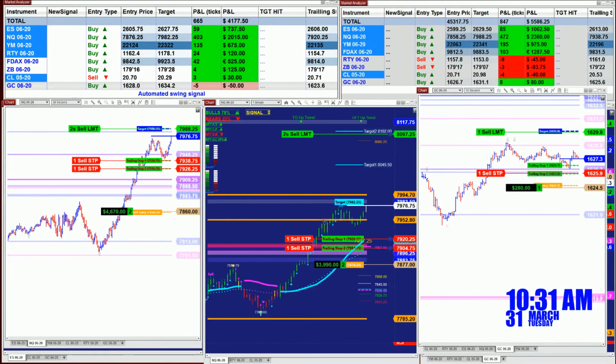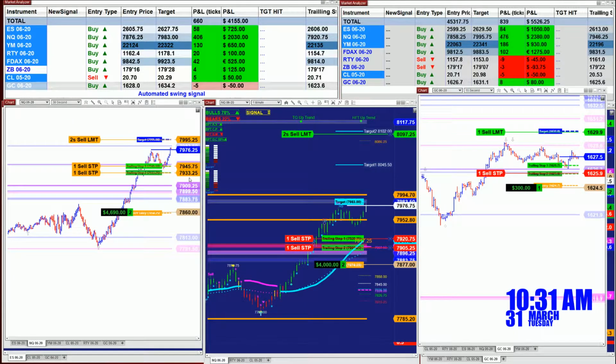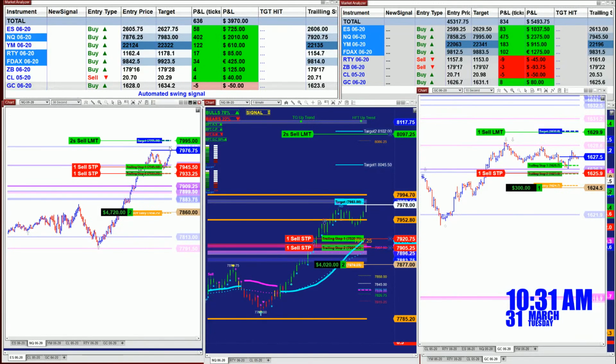Okay, on the 30 seconds, we're about to close around 5 on the scalping Nasdaq. It will be around 5,000. As you see, the auto trade has expanded the target, but there is a resistance line here.